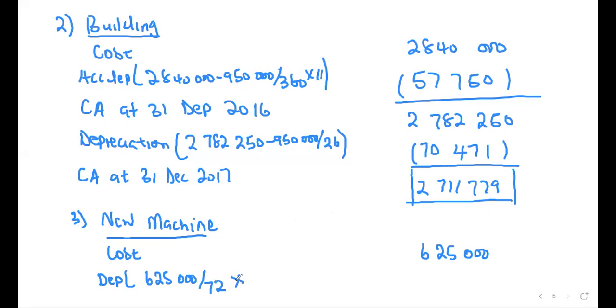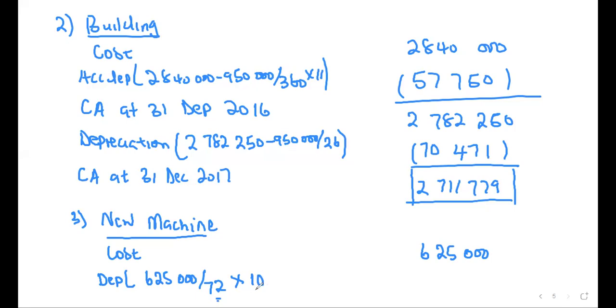Then you multiply by, from 1 March to 31 December, how many months is there? 10. So you multiply by 10. If you divide by 6 here, let's say 625,000 divided by 6, then here you no longer say times 10.